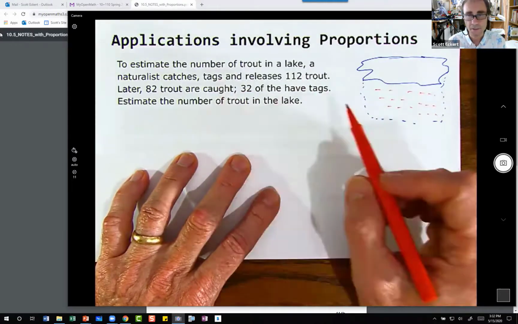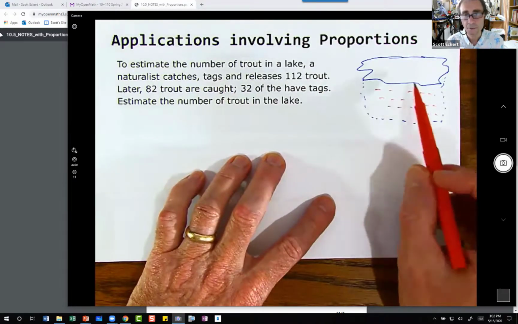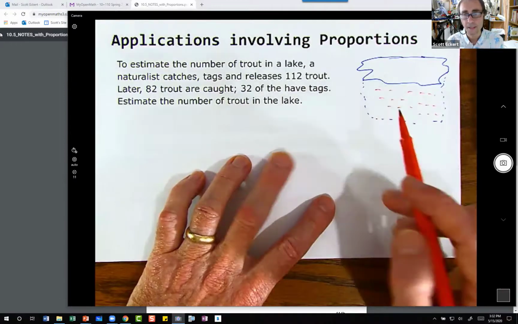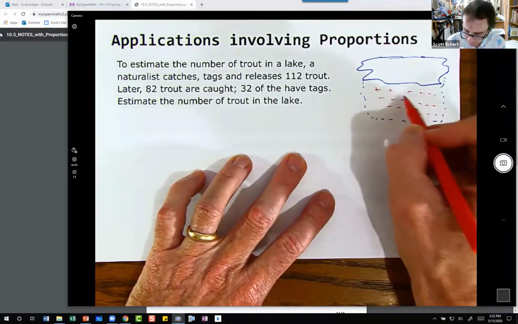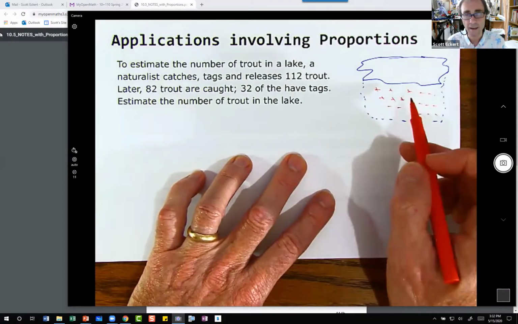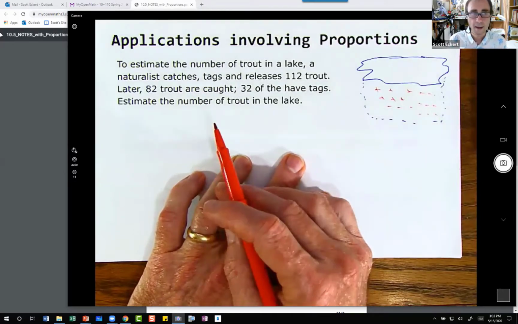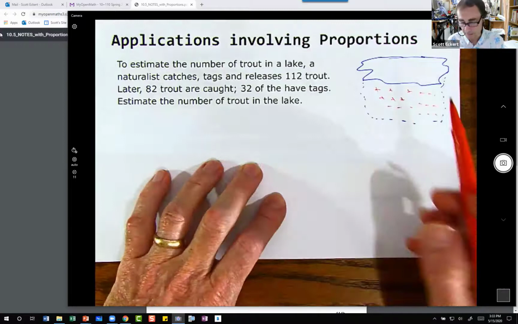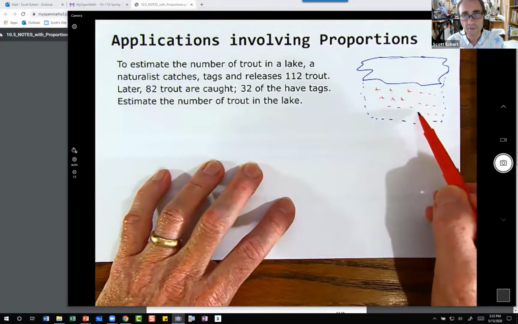All right, so he went out and he caught a bunch of trout, 112 of them. And then he puts tags on them. So some of the trout now have tags and some don't. And if he goes back and fishes again, he's going to catch some of the old ones that have tags and some of the new ones that don't have tags.